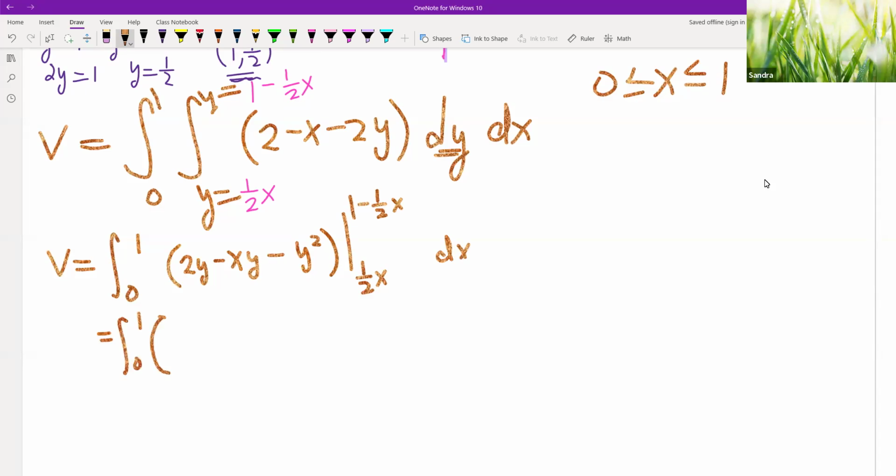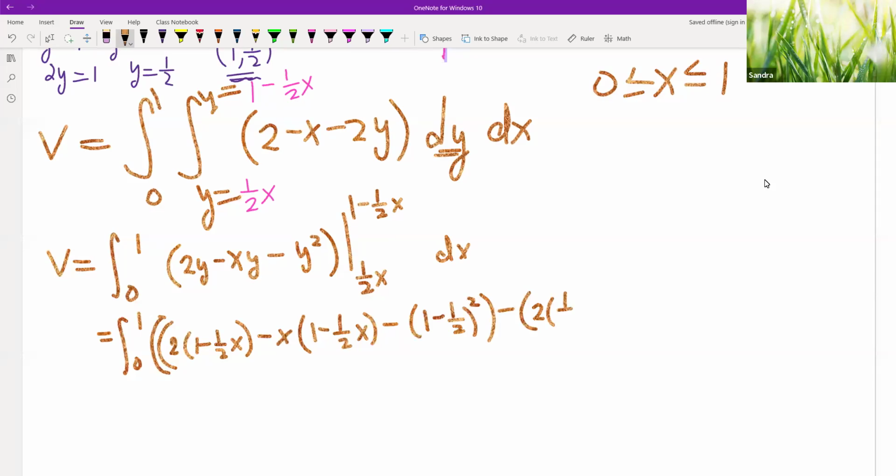We're replacing the y's: 2 times (1 minus 1/2 x), minus x times (1 minus 1/2 x), minus (1 minus 1/2 x) squared, minus [2 times 1/2 x, minus x times 1/2 x, minus (1/2 x) squared].